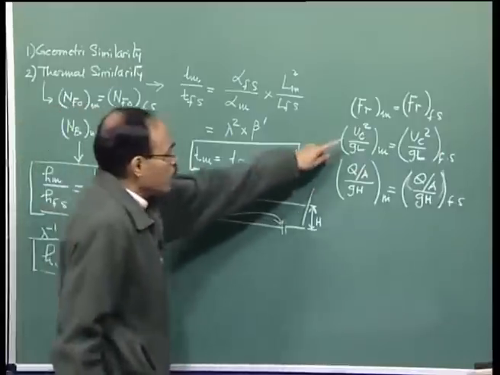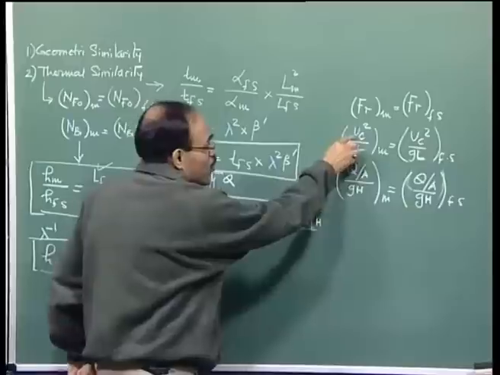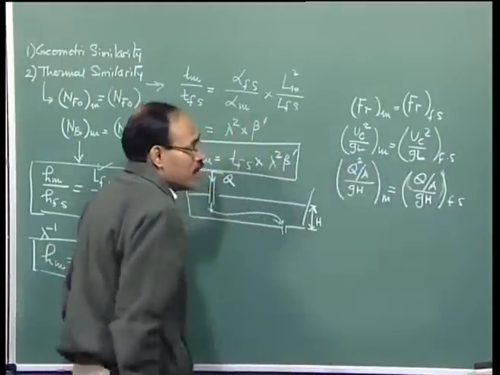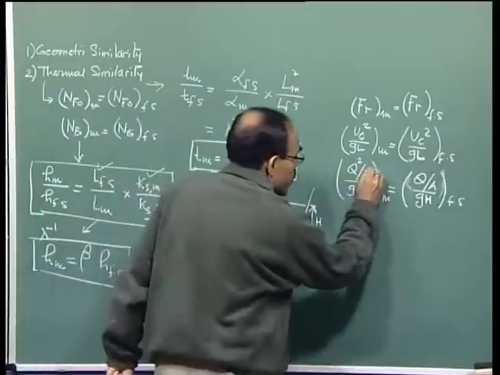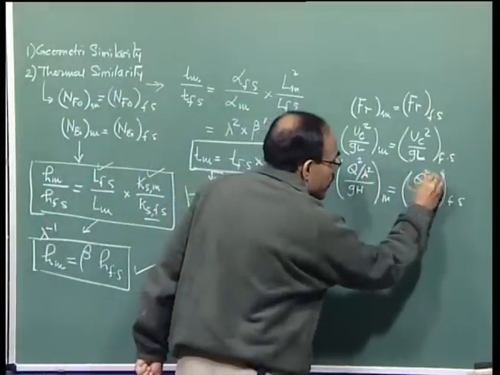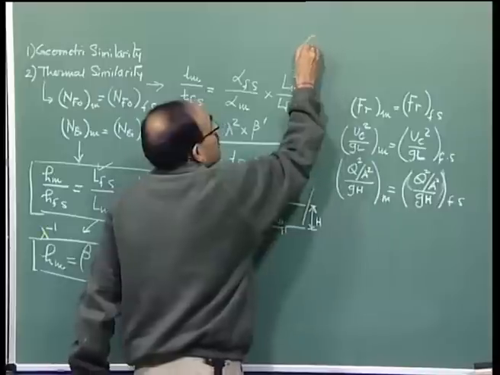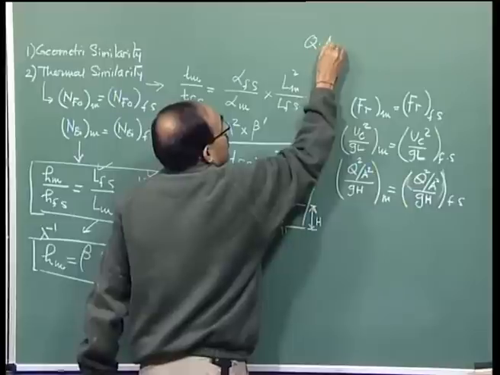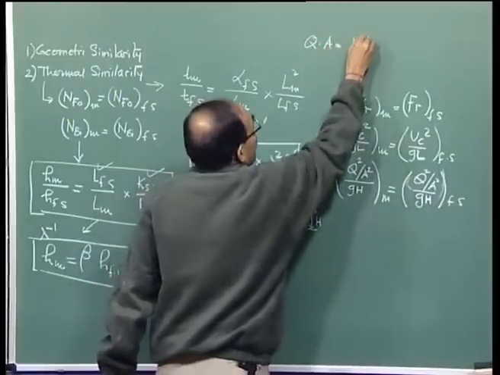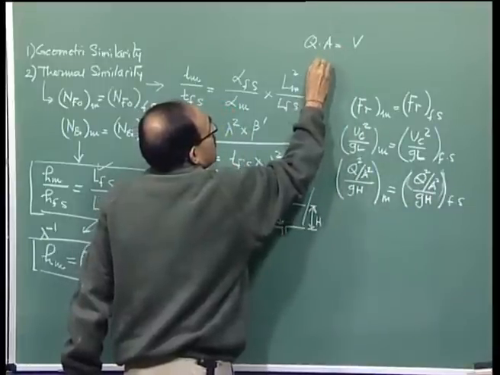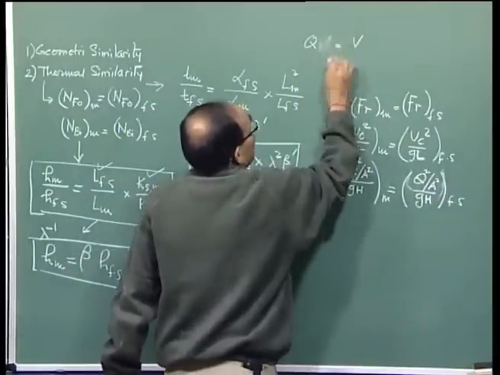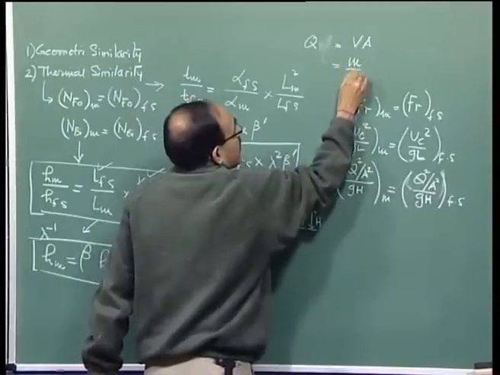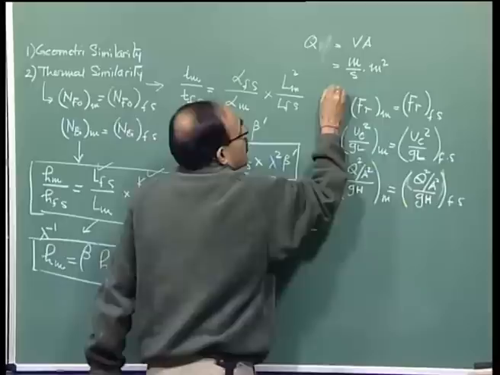So, you can see here it is Uc square. Uc is equal to Q by A. So, this is going to be actually Q square by area square. Okay, Q square by area square. What is Q? Q is volumetric flow rate, in meter cube per second, and velocity is in meters per second, and area is meter square.